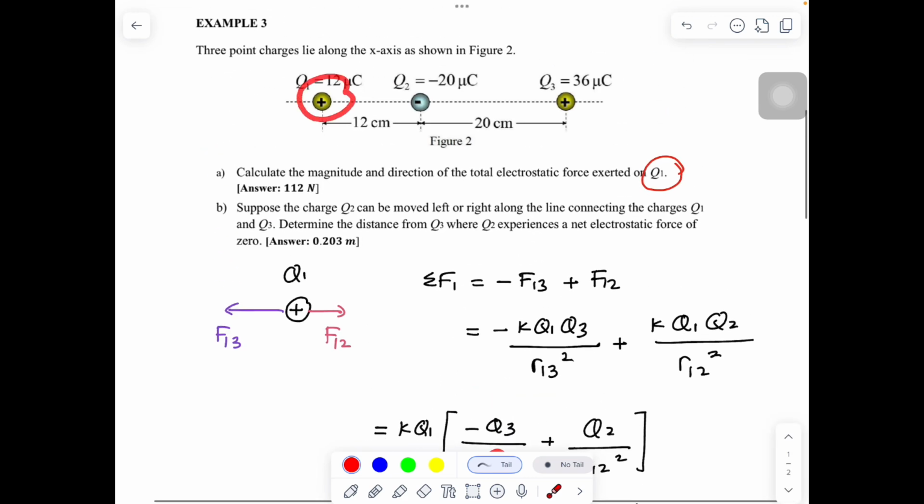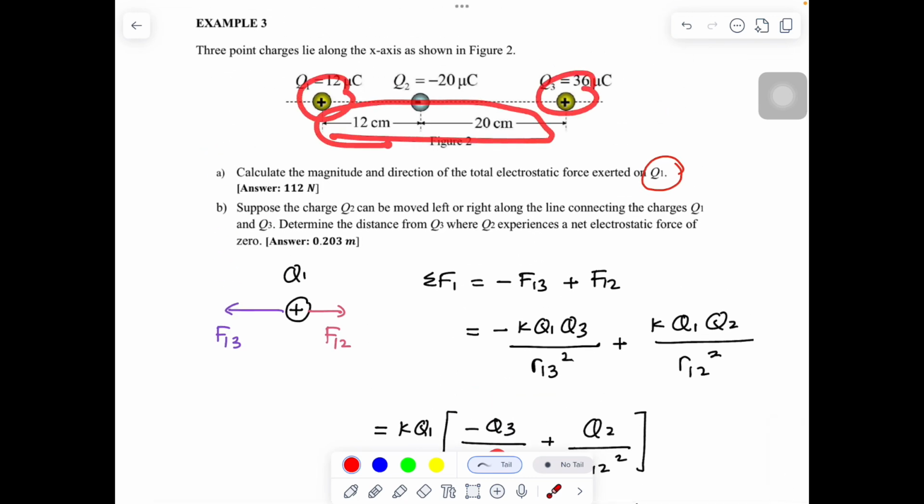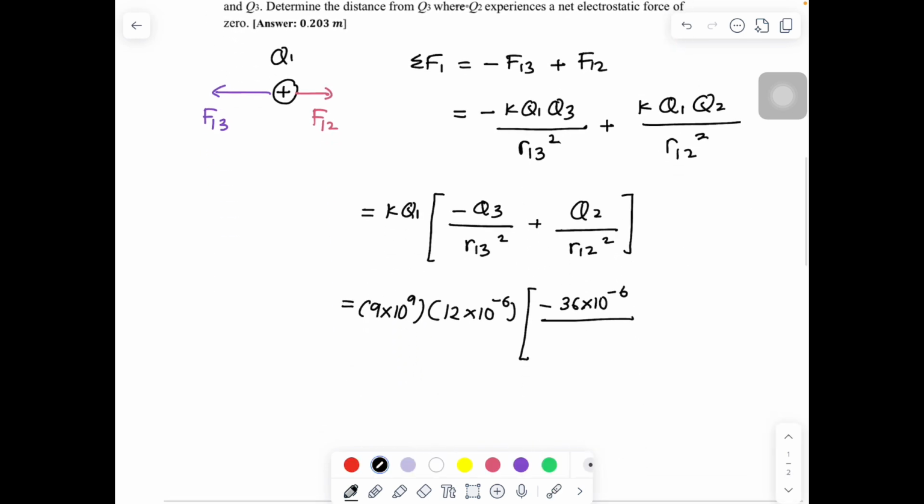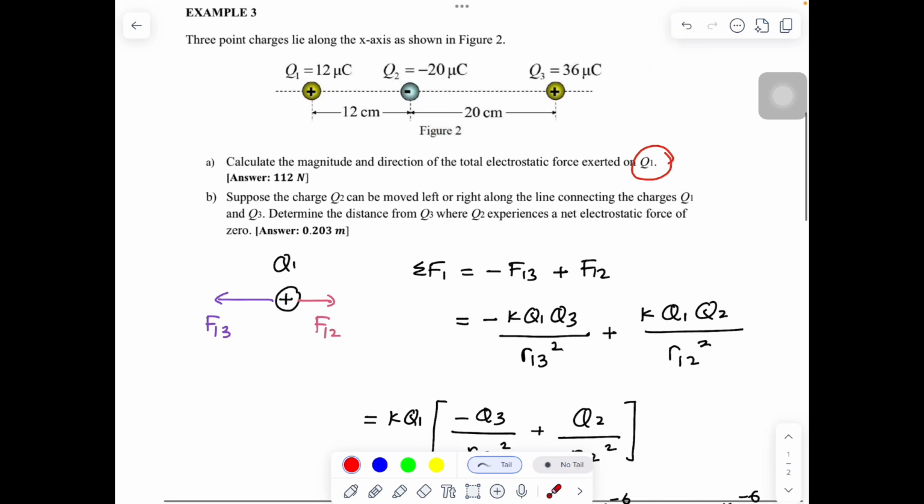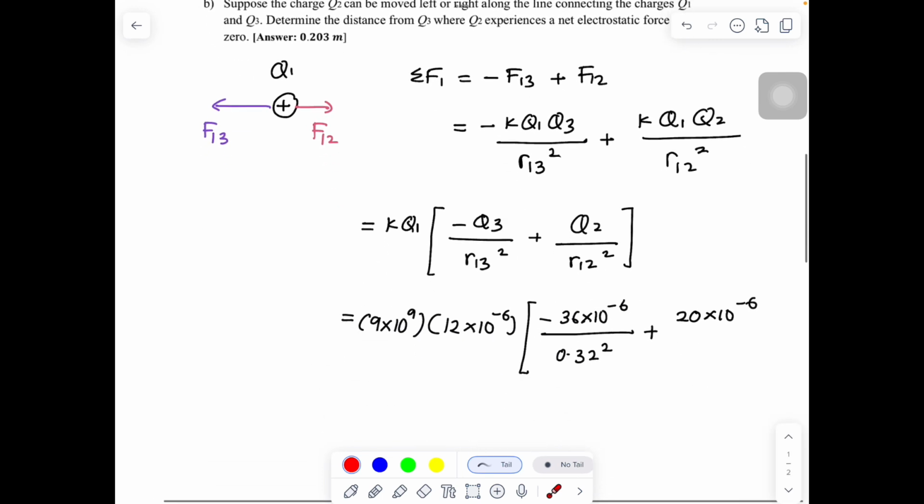So 1 and 3 distance dia adalah 32 cm. Don't forget to convert. 0.32 square. And then plus Q2, 20 exponent negative 6. Q2 adalah negative charge, but remember we don't need to include the negative one.